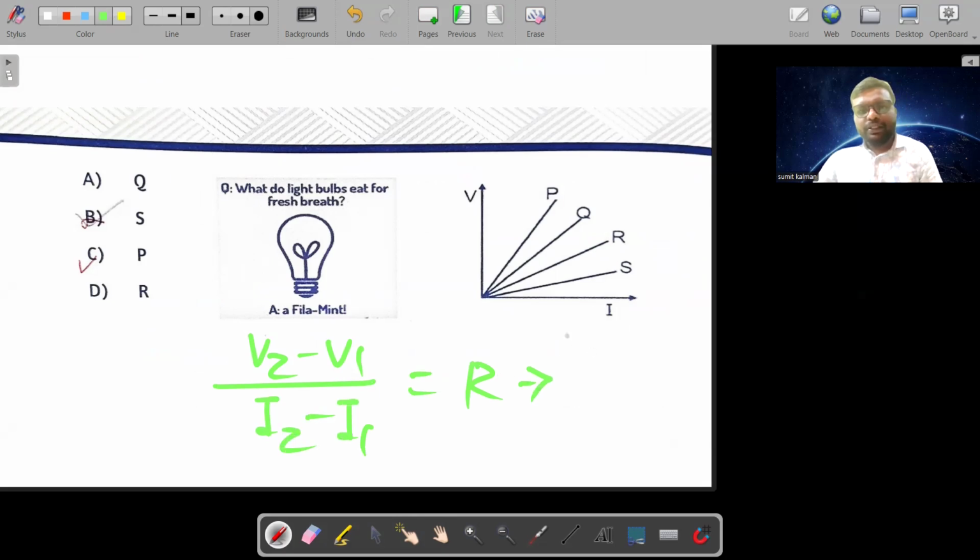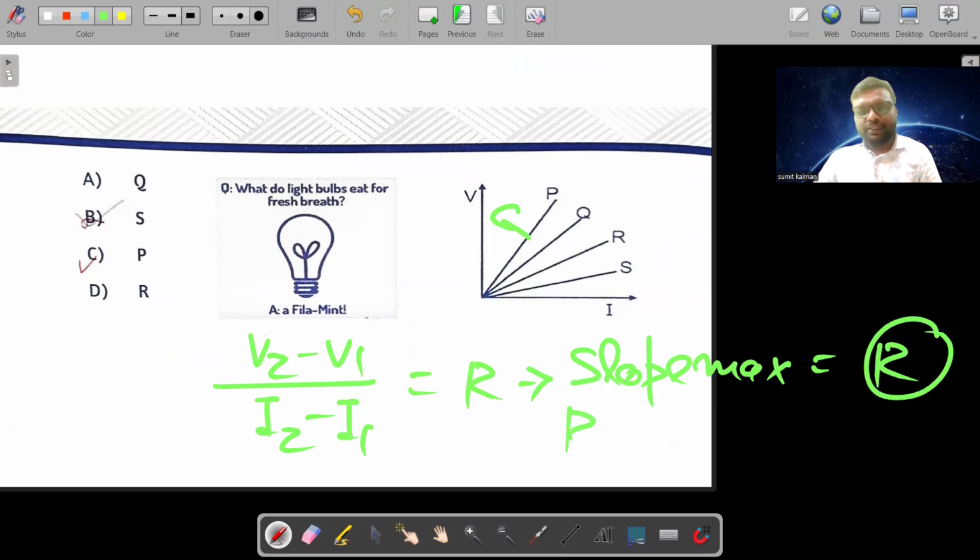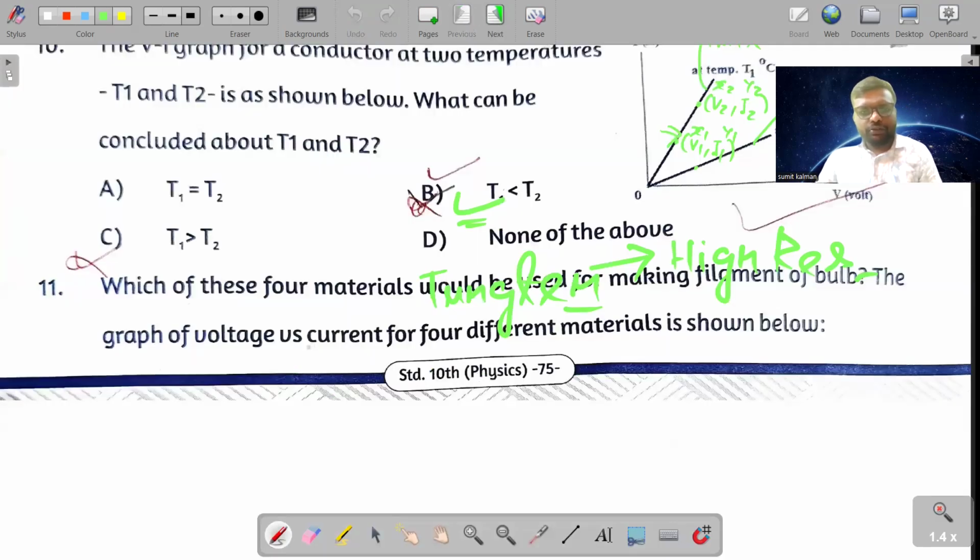So here, for P, your slope is maximum, which is equal to resistance R. So R is maximum for P. So here, students, we will use material P for making the filament of a bulb. So this was the solution of this problem.